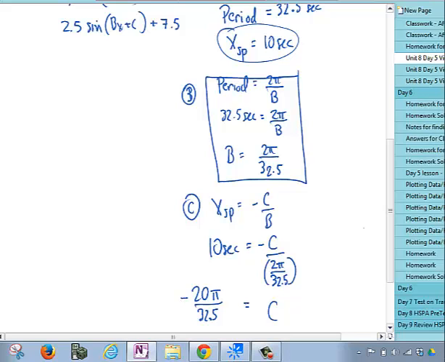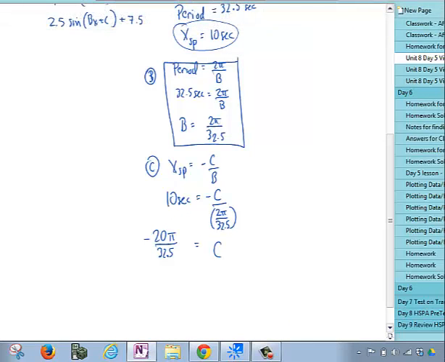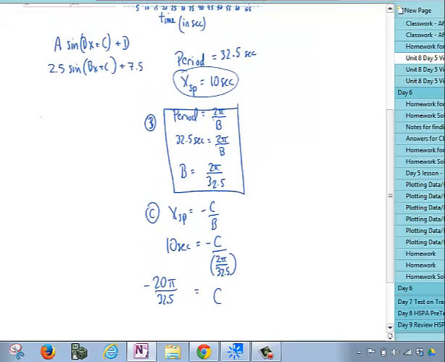So my final result for this function, and you can verify this using Desmos, is that the velocity as a function of time is going to be 2.5 sine of 2 pi over 32.5 t, minus 20 pi over 32.5, plus 7.5. I'm switching this to a time-based function, so I'm doing a substitution of t for x.